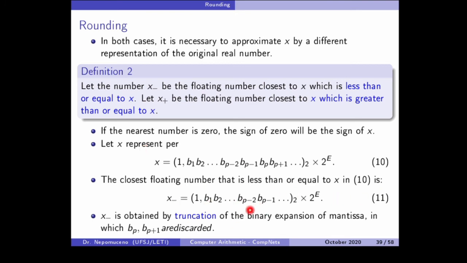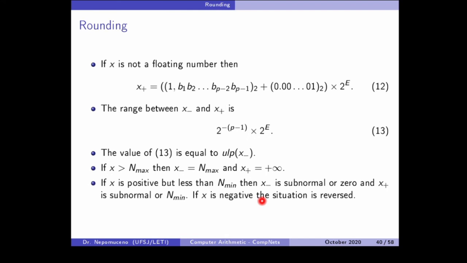So as you can see here, it's possible to realize these numbers. The difference is going to be just more bits to represent. X minus is obtained by truncation of the binary expression of the mantissa, in which bits after B P plus 1 are discarded.